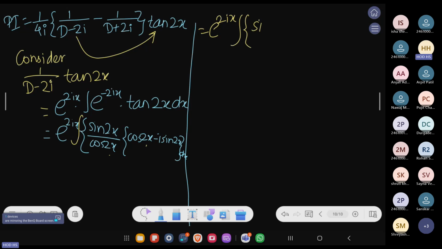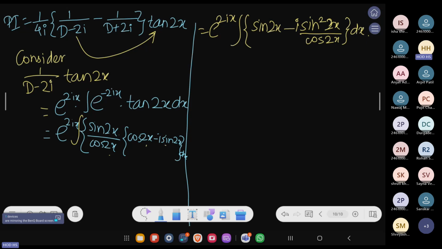So integral of sin 2x minus i times, this will give me sin square 2x divided by cos 2x dx, right?